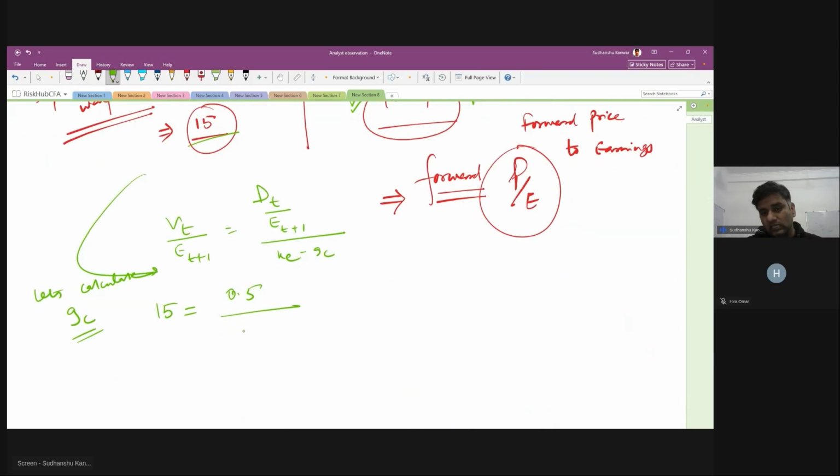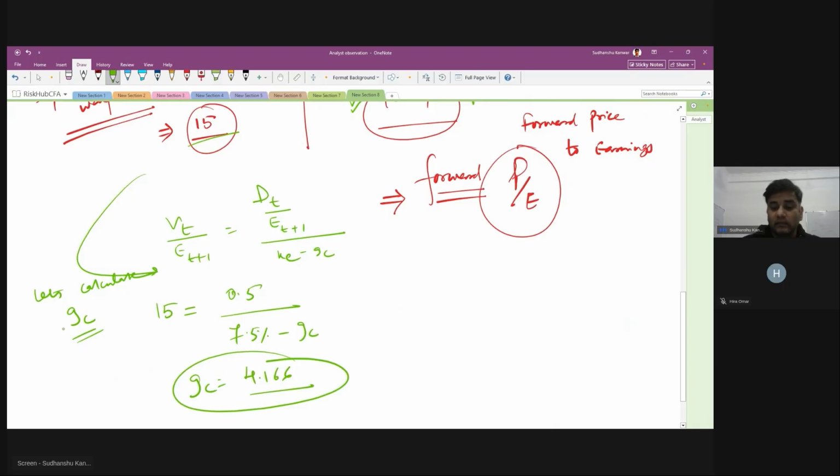So Ke is the same, 7.5%. g, I try to calculate. If I calculate from here, it will come out 4.166, something like that, if I calculate g the analyst's way.